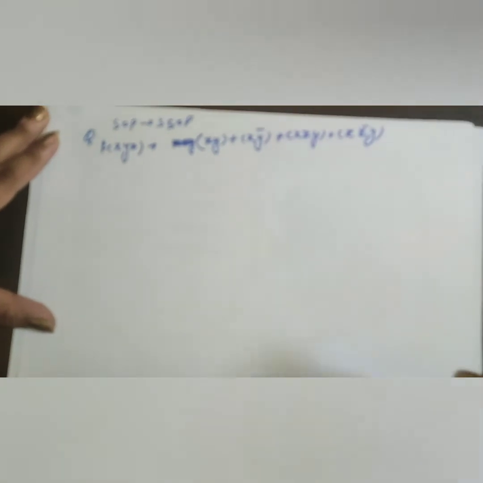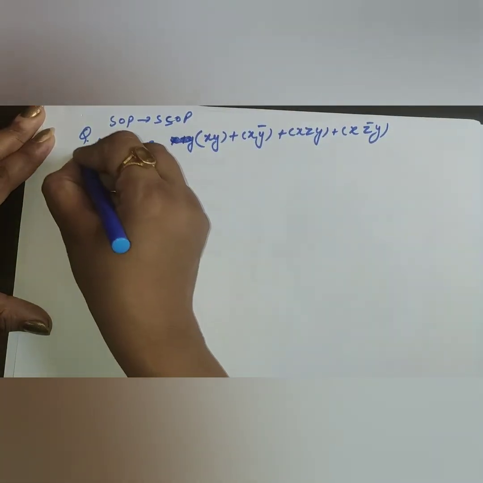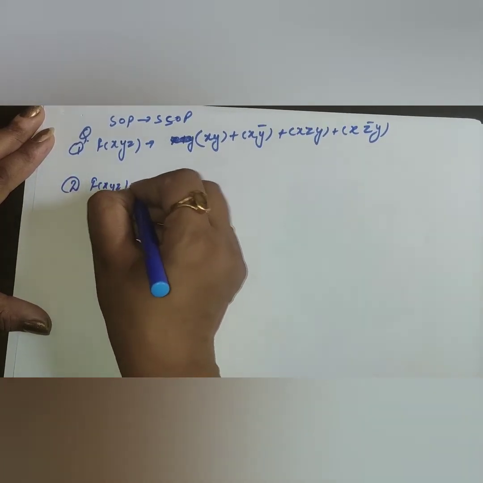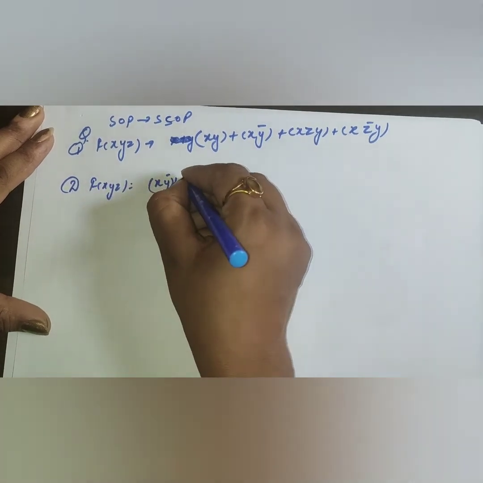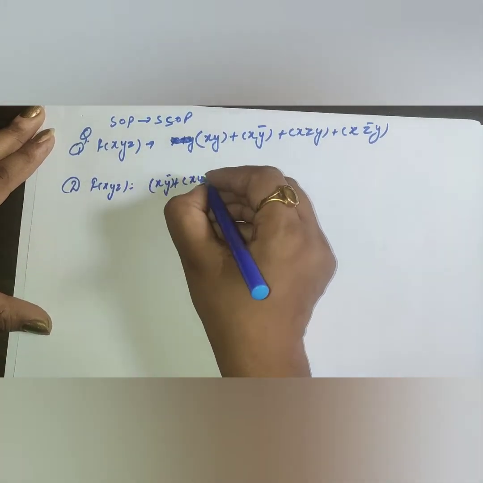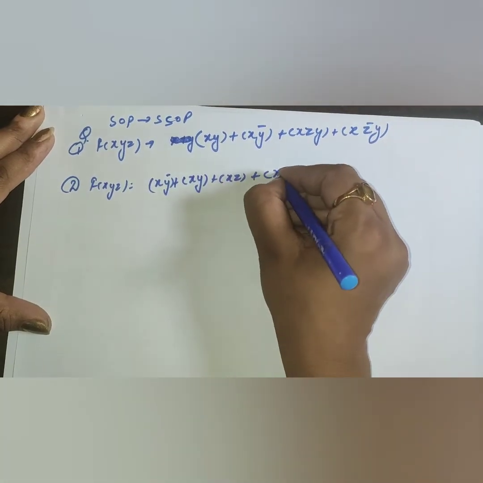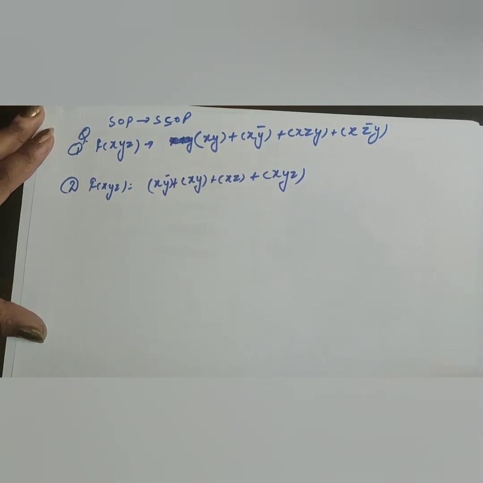You have to change it into standard SOP form. And second, function x y z equals x y bar plus x y plus x z plus x y z. You have to change it into standard SOP form.